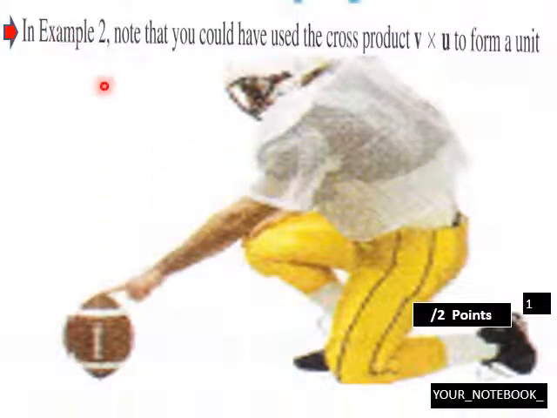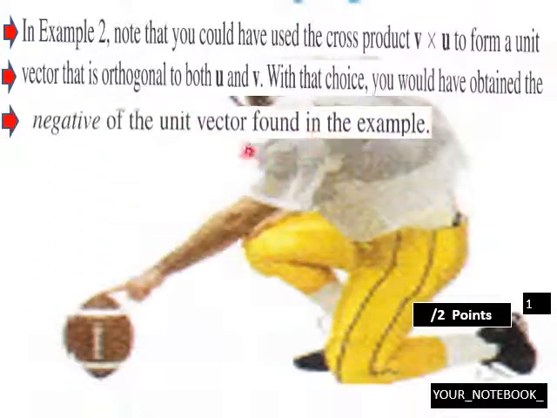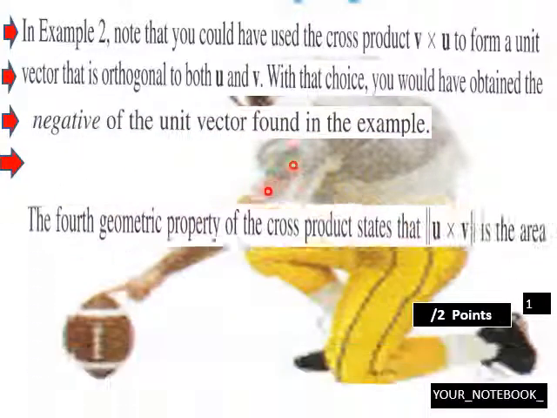In example 2, going back to the previous part 1, note that you could have used the cross product v times u to form a unit vector that is orthogonal to both u and v. With that choice, you would have obtained the negative of the unit vector found in the example.